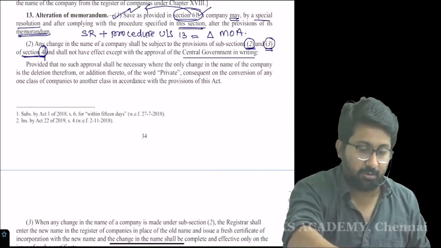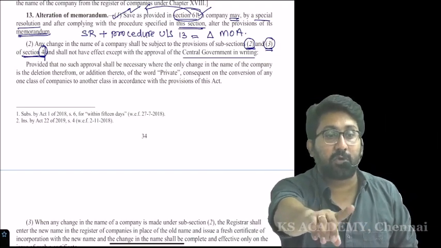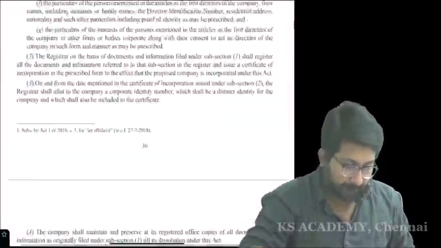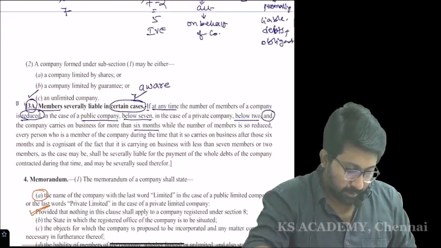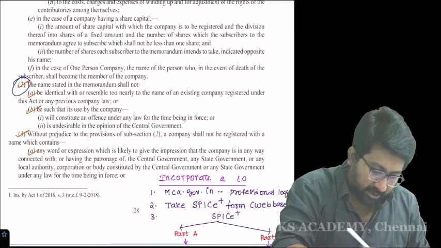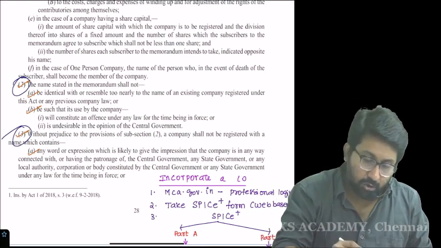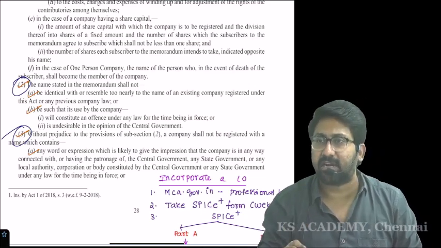Sir, why? The question will arise. Please be in subsections 2 and 3 of section 4 once. Come back to section 4, subsection 2 and subsection 3. Shall we continue? Yes, they talk about identical, too nearly resembling, offensive, undesirable, etc. Yes or no?